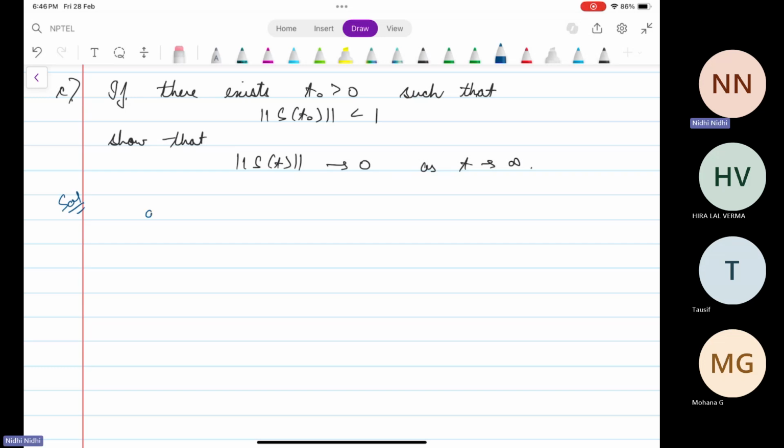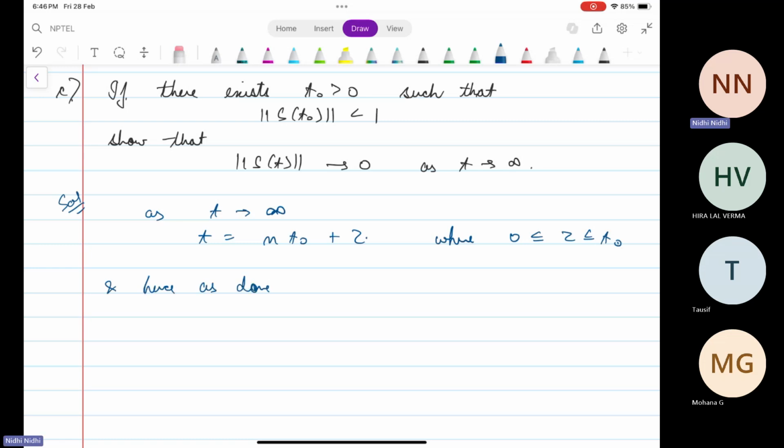Now as t tends to infinity, I can write this t equals n t naught plus tau, because eventually as n tends to infinity, this t is tending to infinity. We can take t tending to infinity in any way, where 0 less than or equal to tau less than or equal to t naught.